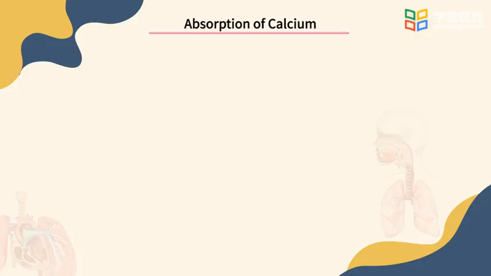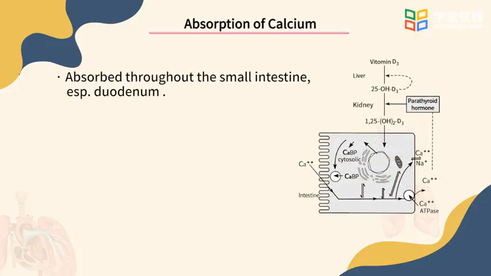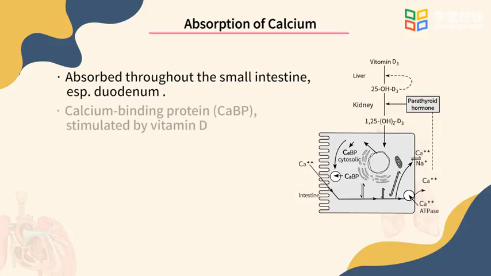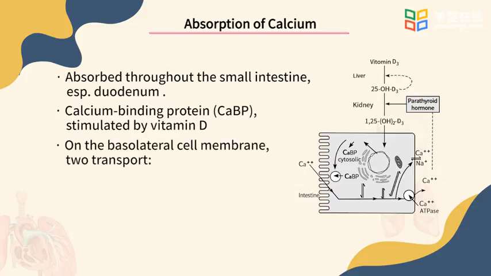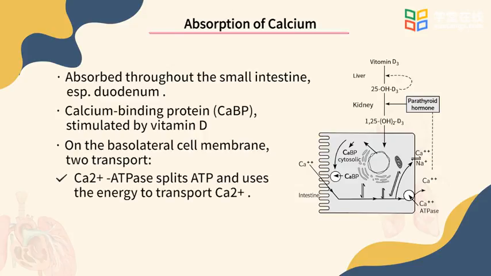Calcium absorption. Calcium ions are actively absorbed throughout the small intestine, especially in the duodenum. The calcium binding protein is an essential component of calcium ion absorption. Its synthesis is stimulated by the hormonal vitamin D. On the basolateral cell membrane, two proteins are responsible for the absorption of the calcium ion against its electrochemical gradient.